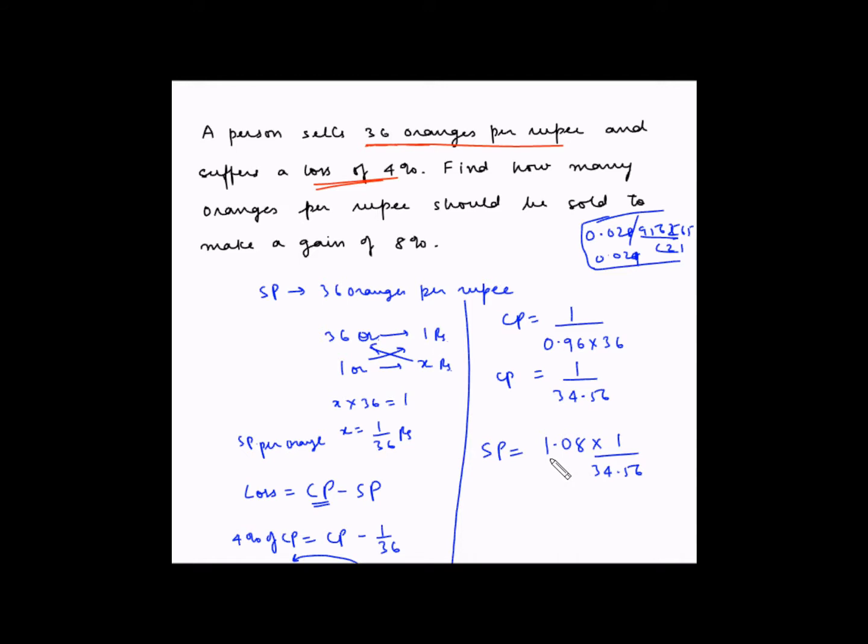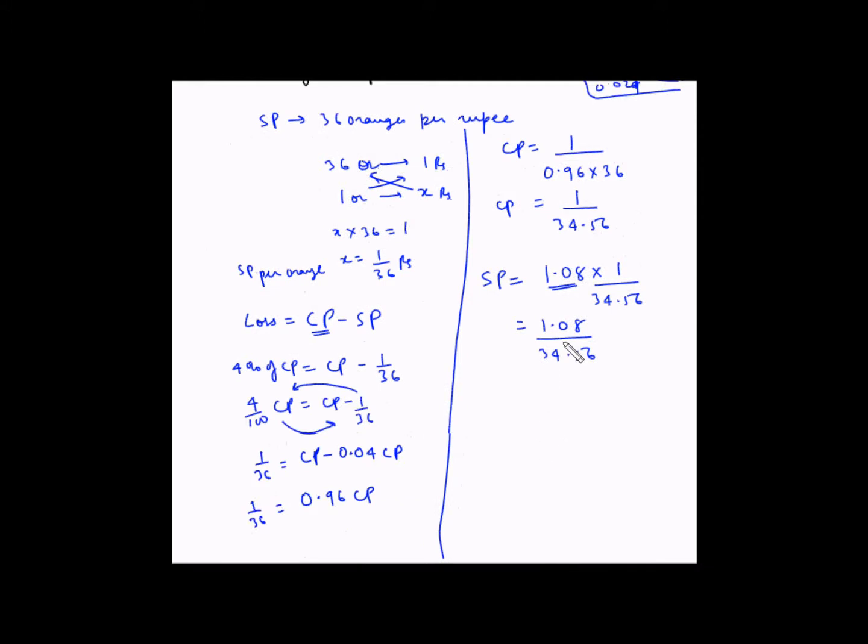So 1.08 means that we are adding an 8% on top of this. So this is equal to 1.08 divided by 34.56. So this is the selling price for one orange. This many rupees per orange.